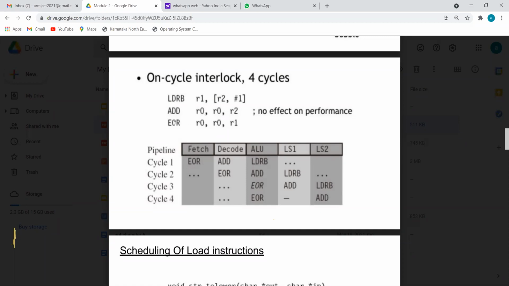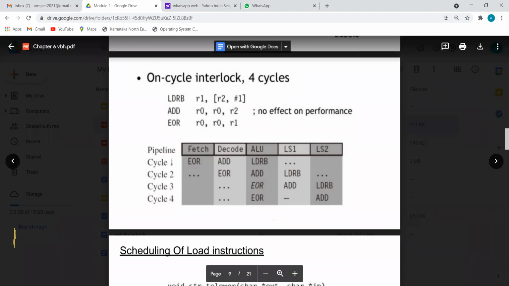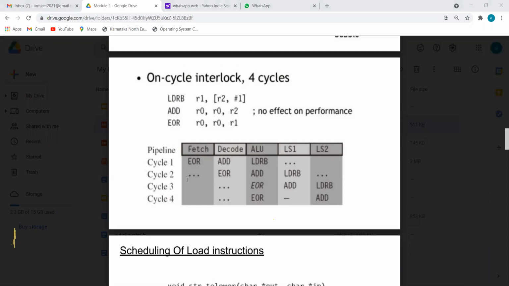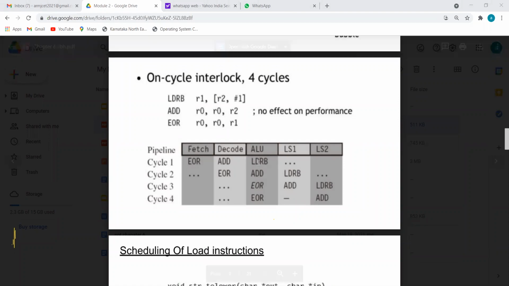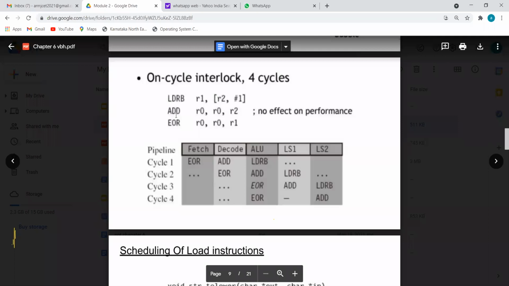I repeat, to perform XOR, the two operands are R0 and R1. Is R1 freely available? Yes, because it was finished very early. R1 you will get exactly by the end of the first CPU cycle, but the R0 value you will get only when add is completed.